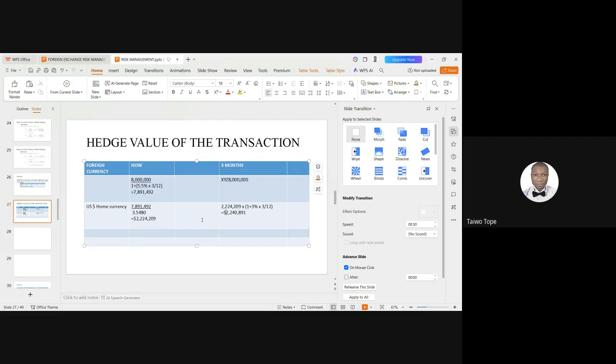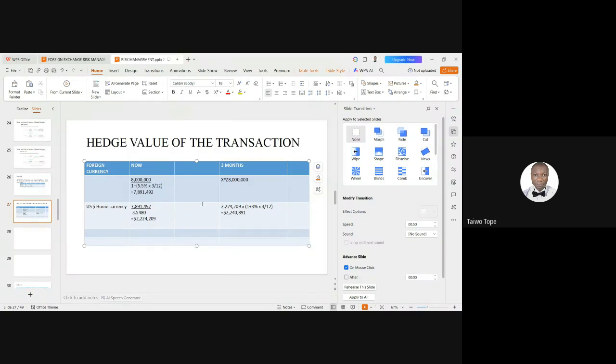If it is in terms of payment, if forward hedge will give you the lower value, you advise, let's go with forward. If money hedge will give you the lower value in terms of payment, you go with the money hedge. But if it is in terms of receipt, the technique that is giving you the highest value is the one you advise the organization to go with.